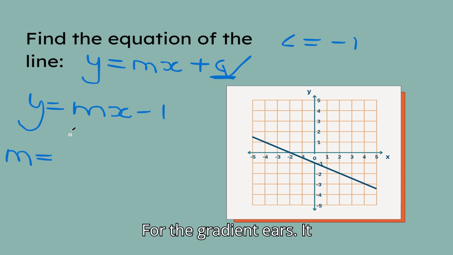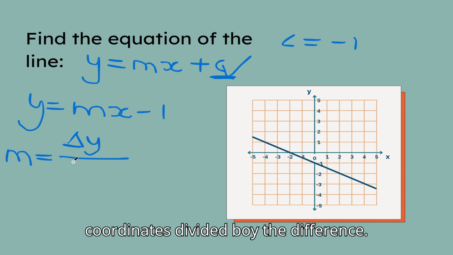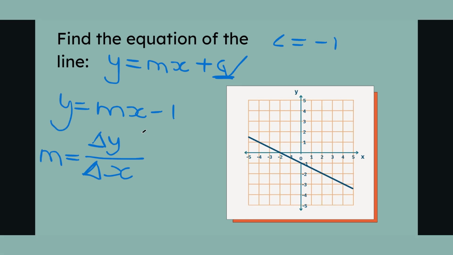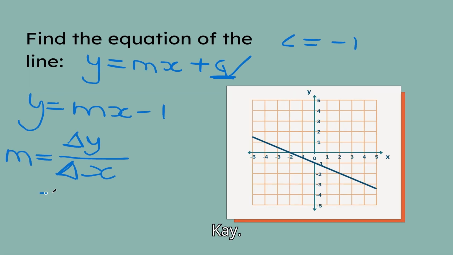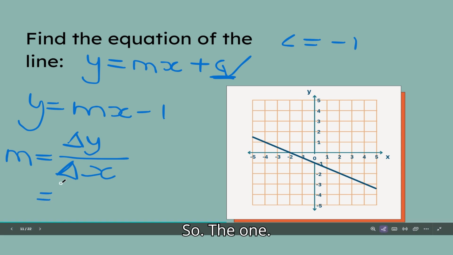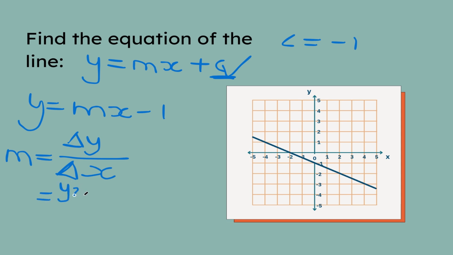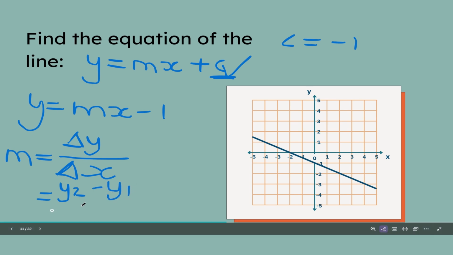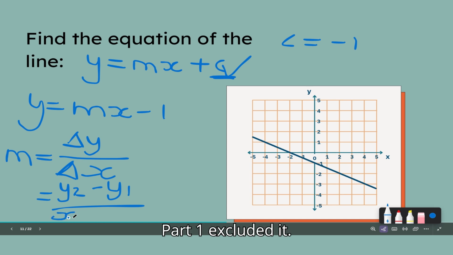It is the difference in y, the y coordinates, divided by the difference of the x coordinates: one y coordinate minus the other y coordinate, over one x coordinate minus the other x coordinate.